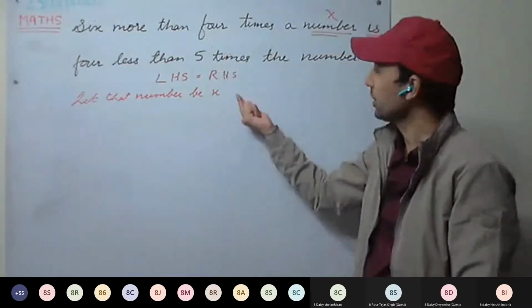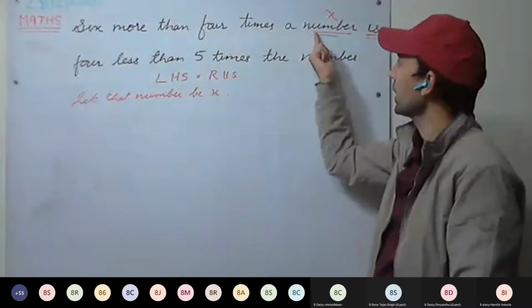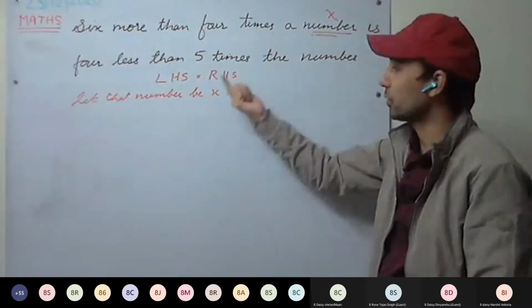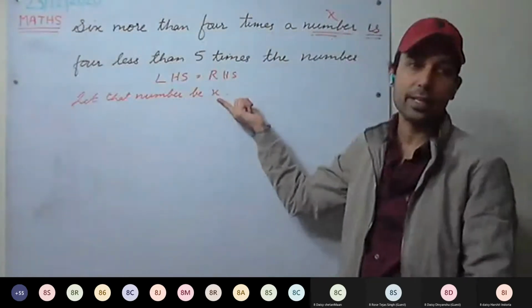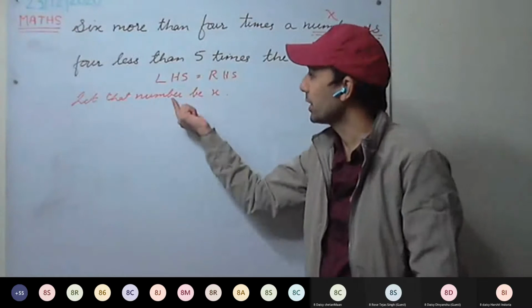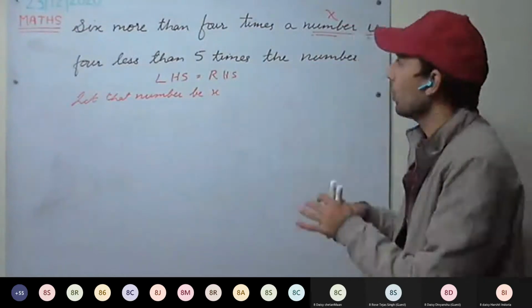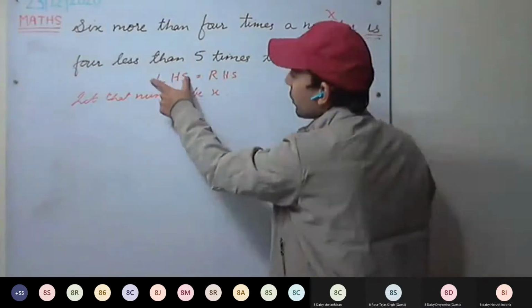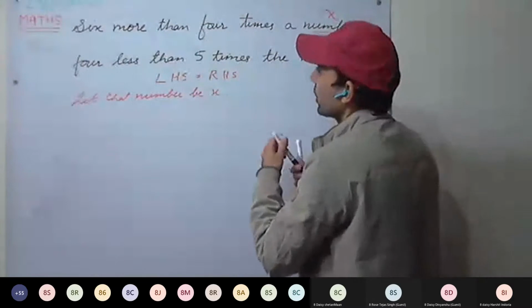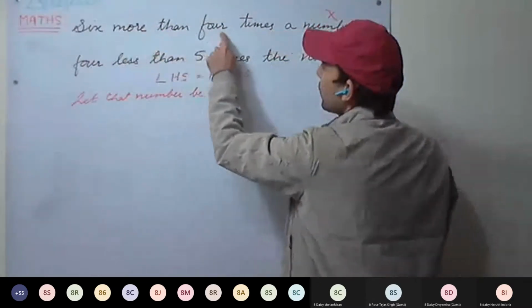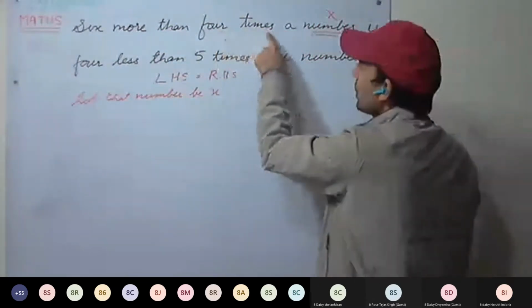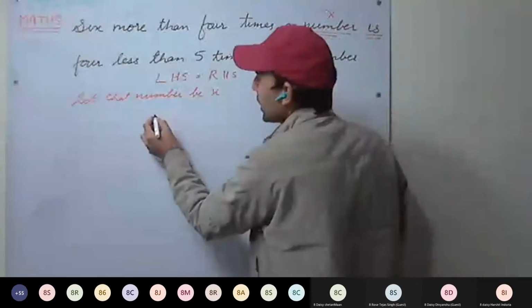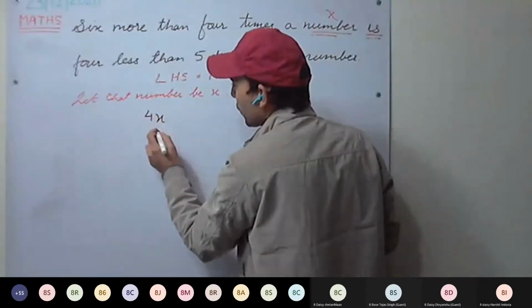So in what form it is given? Now say 6 more than 4 times a number. So that number we'll assume. Let it be x, a, y, z, whatever we want. So let that number be x. Now we have to figure out the left hand side. How we are going to figure out? 6 more than 4 times the number. 4 times the number, so x is multiplied with 4.